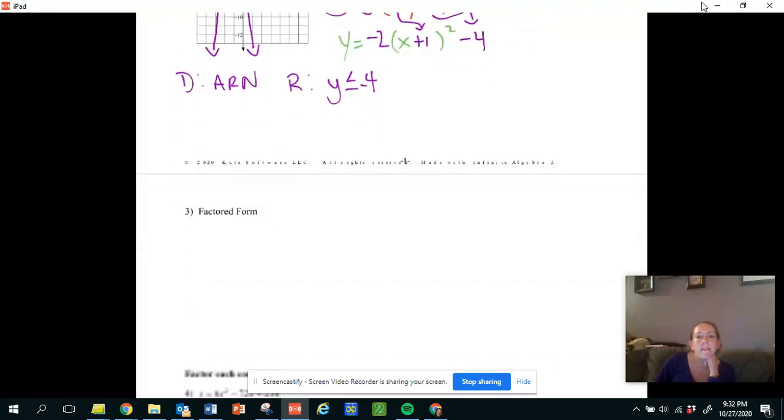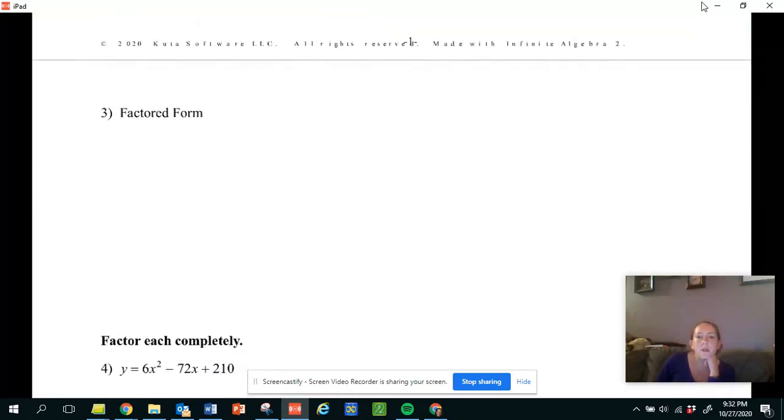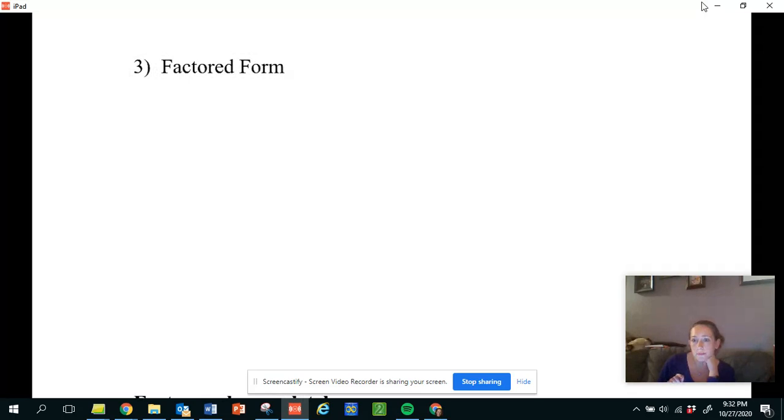Anyway. Okay, so that brings us to factored form. Essentially, what we have here is a, it's going to be in front again. We are only going to be doing ones where a would be pulled out in front, basically.